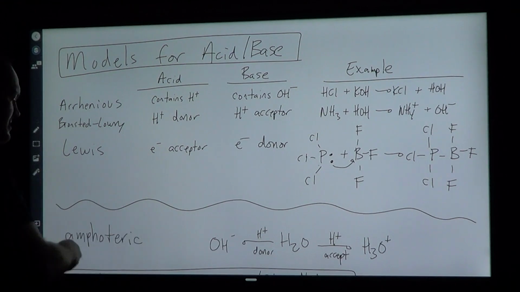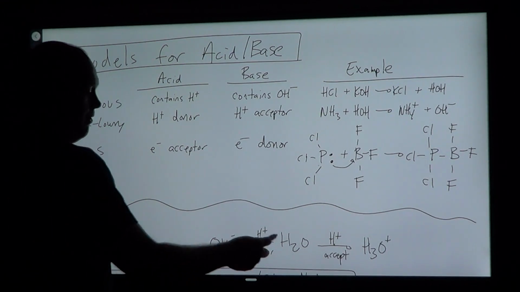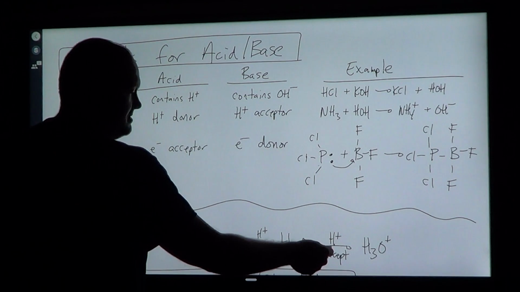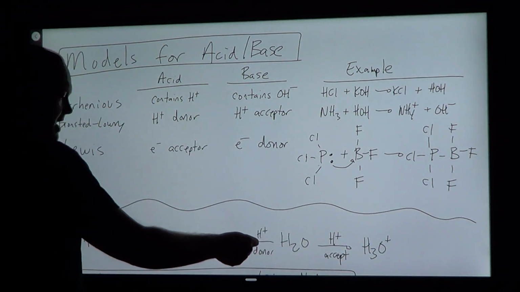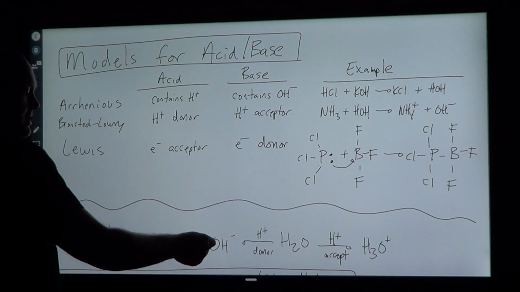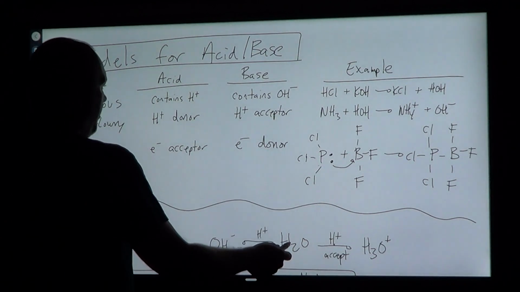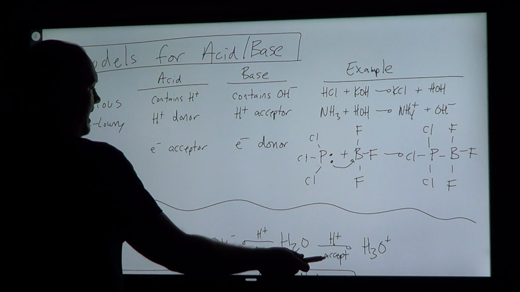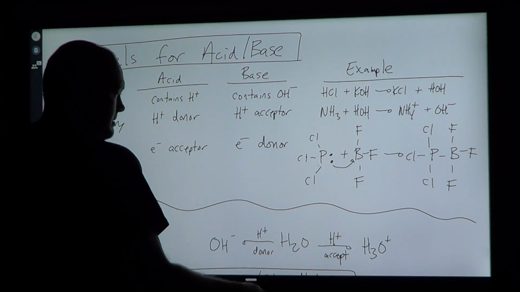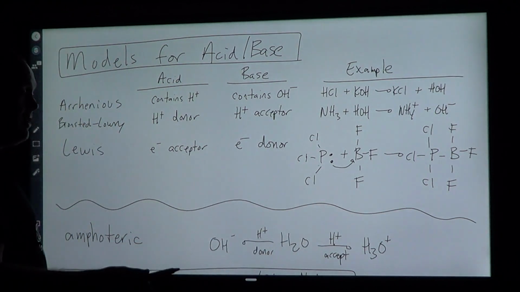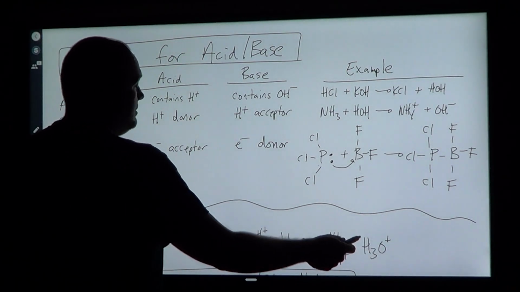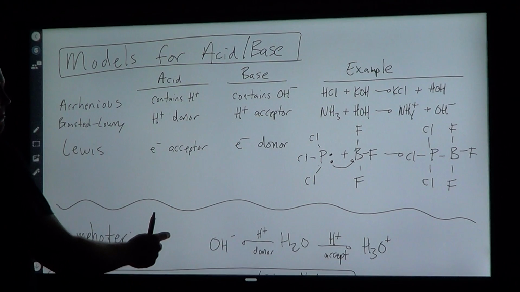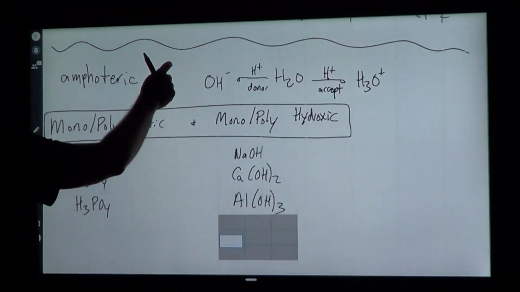And so water is an amphoteric substance that can both accept hydrogens to become hydronium, or it can donate hydrogens to become hydroxide. So it can behave as both a Lewis base and a Lewis acid. Sorry, Bronsted-Lowry, not Lewis. Okay, so it can behave as a Bronsted-Lowry acid or a Bronsted-Lowry base.